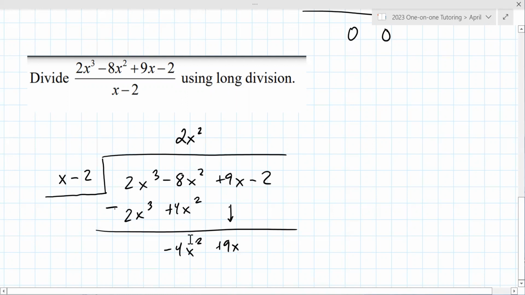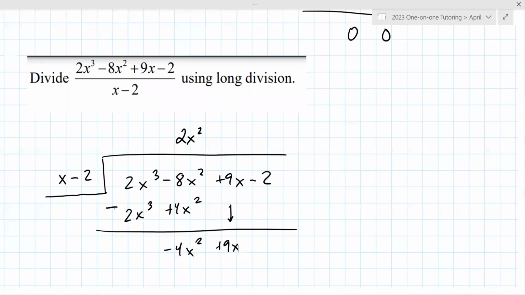No, not when you bring them down. Whenever you multiply, you change the signs, but when you add, you just leave them as is.